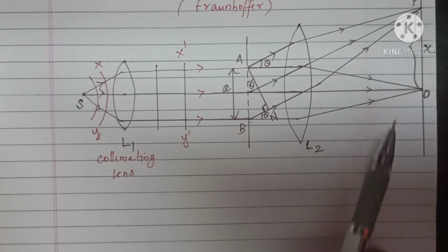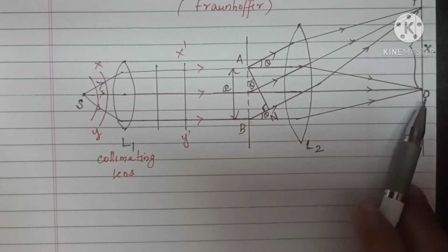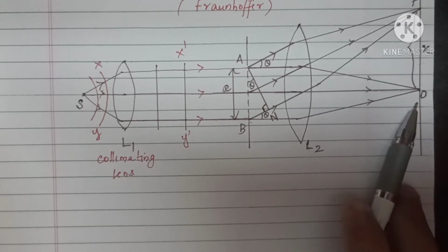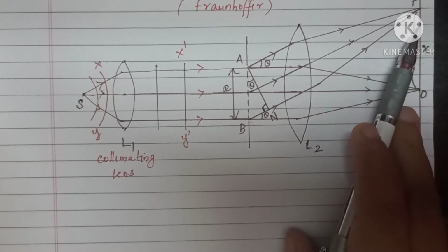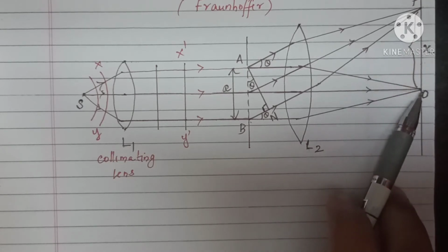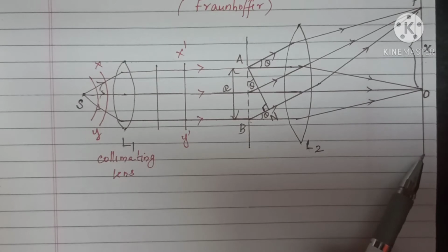The widths of the fringes are not the same. The central maximum has the maximum width, and the width of the successive maxima and minima gradually decreases as the distance from O increases on either side.